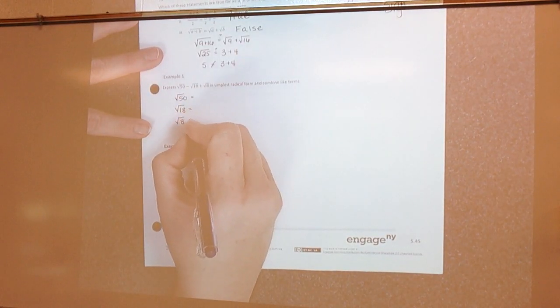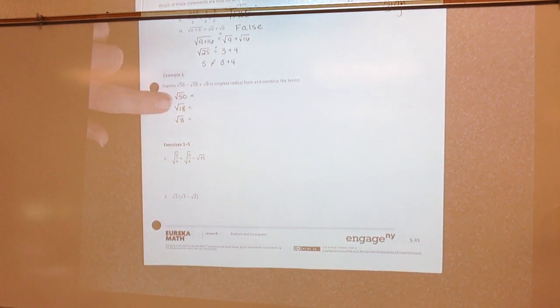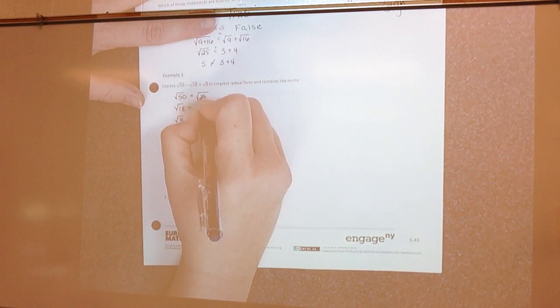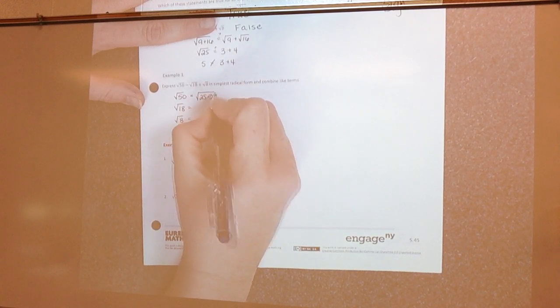Can I break 50 up into something times something, and one of those numbers be a perfect square? I can. I can break it up into 25 times 2.